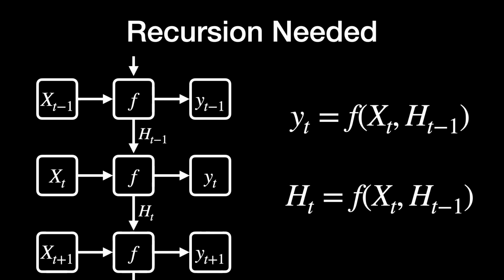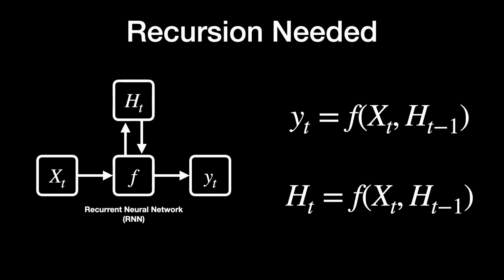We note that the outputs from a previous time step flow into the current time step, and then those outputs will flow out in the form of histories into the next time step. So we have this need for being able to pass information across time in a recursive manner.